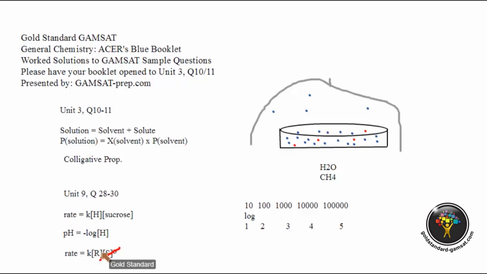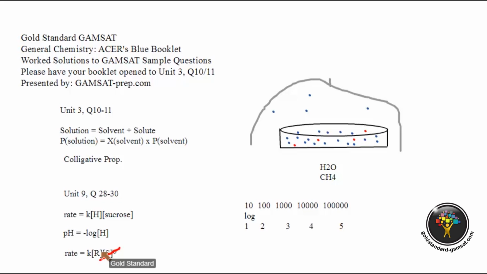That means that the exponent for R is just 1. And if you put a 1 there, it's the same as not putting anything at all. You don't have to put a 1 as an exponent. So because it's 1 as an exponent for R, it means it's first order with respect to R.